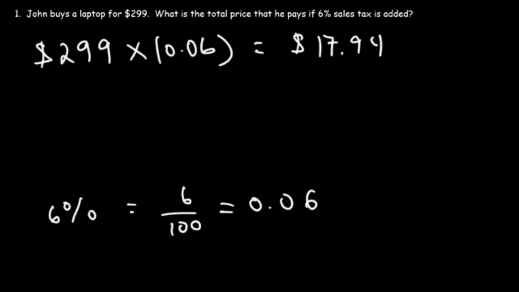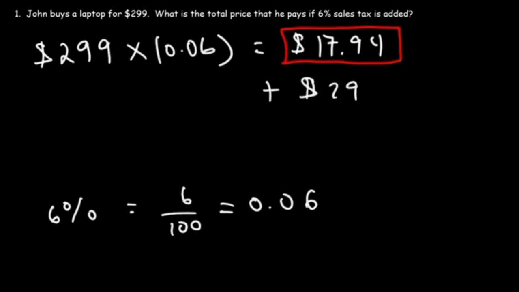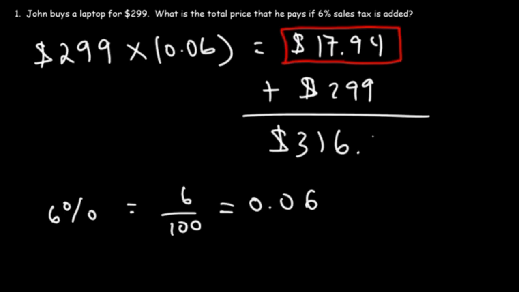So that's 6% of $299. So this is the tax that he pays plus the price of the laptop, which is $299. So the total price is the sum of those two values. The total price that he pays is $316.94. So this is the answer.